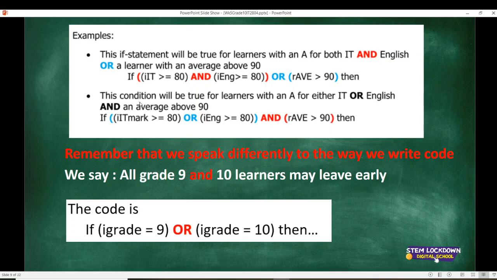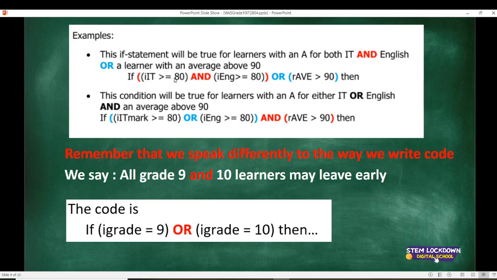The brackets force this section to be done together. So if IT is greater than or equal to 80 and English is greater than or equal to 80, so those both must be true, or their average is greater than or equal to 90.